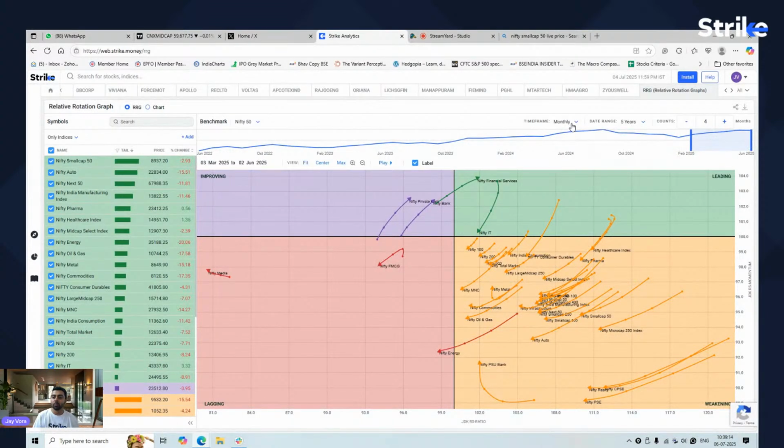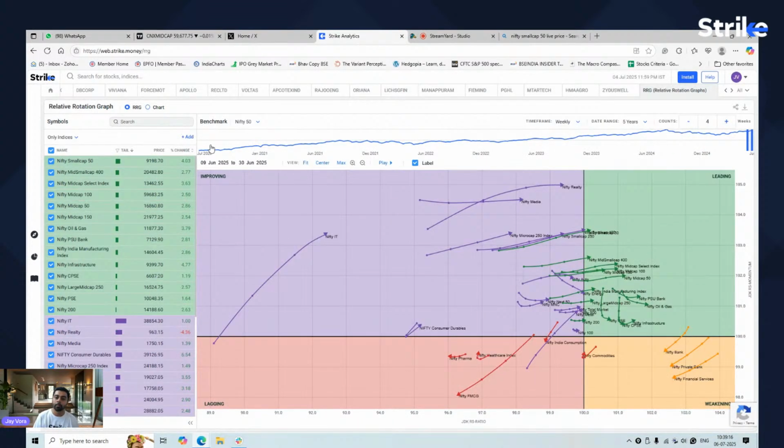So yeah, now coming back to the RRG. One more thing that we have given over here is the benchmark with which you want to compare. Now, it is very important for people to understand that when you are analyzing RRG, you are doing a relative performance analysis.